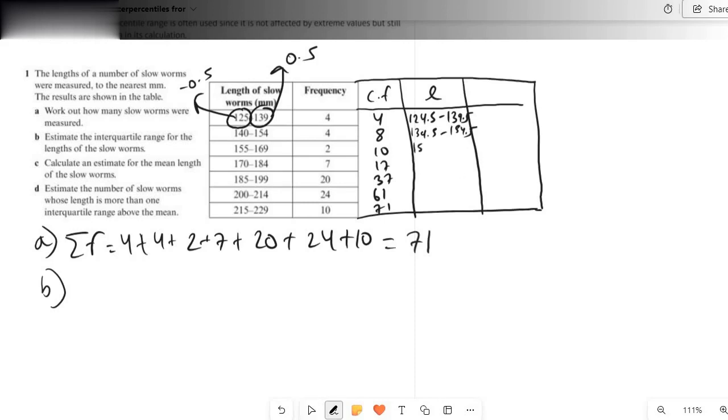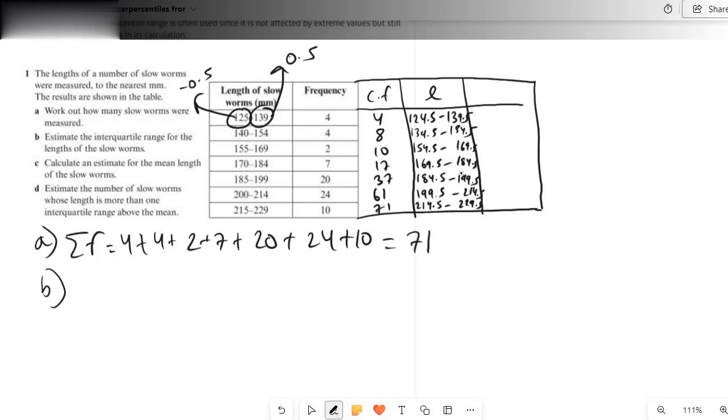Then we have 154.5 to 169.5. Similarly, we have 169.5 to 184.5. Then 184.5 to 199.5. Similarly, 199.5 to 214.5. And finally, 214.5 to 229.5. And these are the corrected class boundaries.